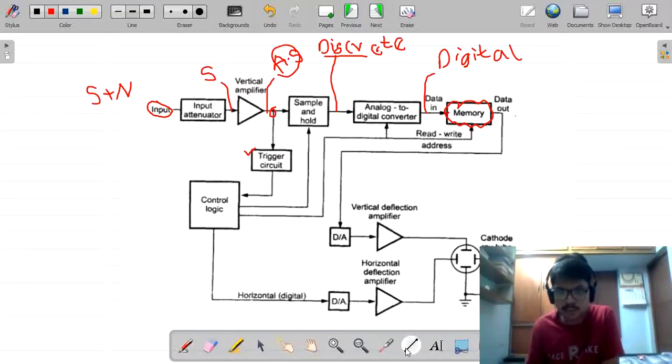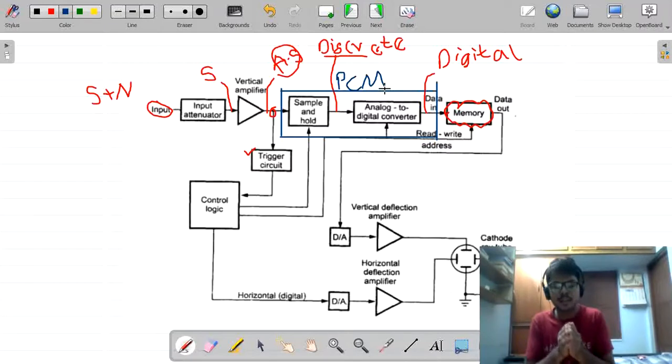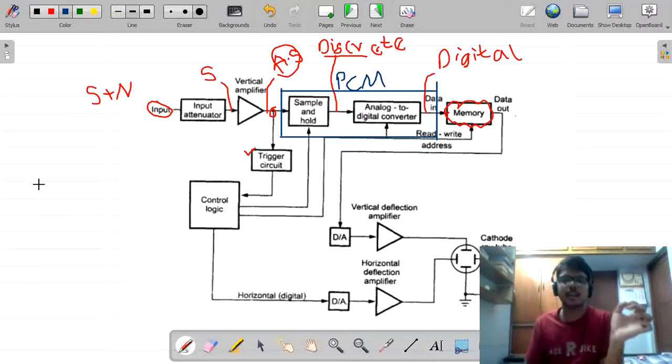If we observe this complete process, this part which is shown here, it is a PCM. PCM stands for pulse code modulation. In pulse code modulation also, we take an analog signal and convert it into discrete form using a quantizer.